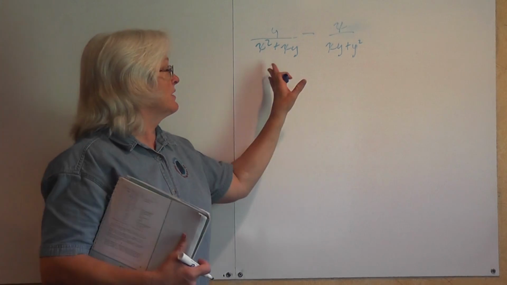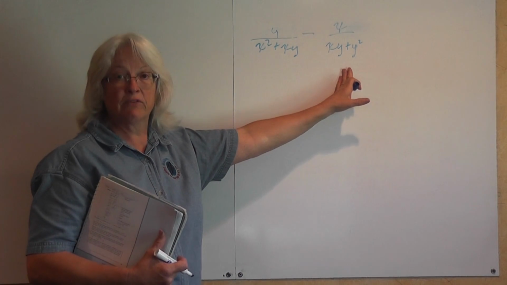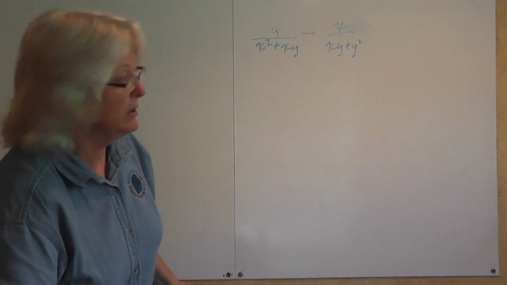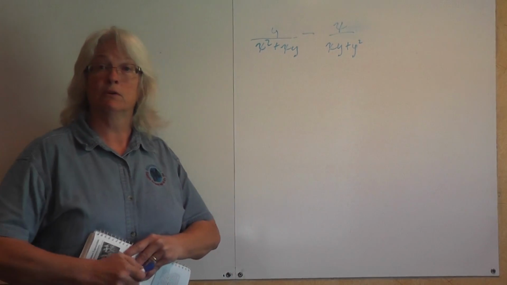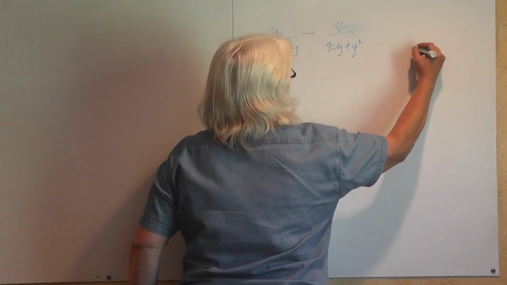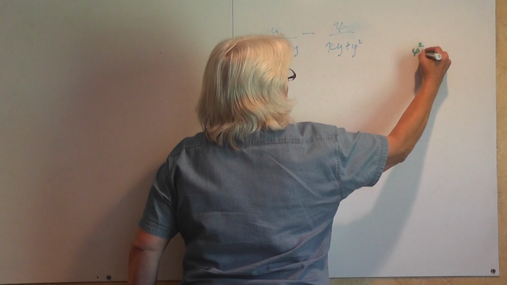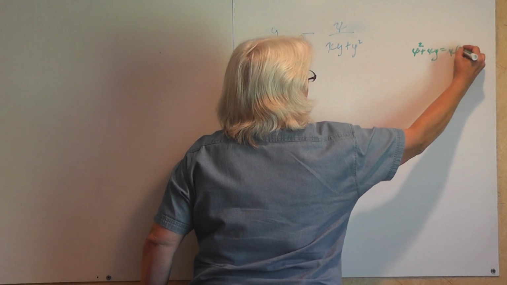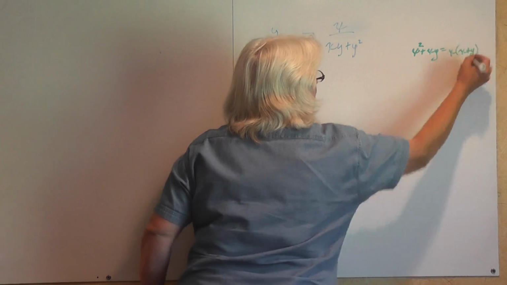We clearly don't have a common denominator here, so we have to arrive at our common denominator. And how are we going to do that? We're going to factor each denominator. So x squared plus xy is equal to x times x plus y.